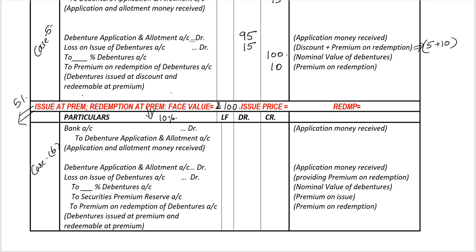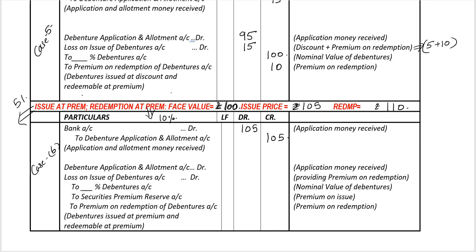On the face value of rupees 100, the issue price will be 105 rupees and the redemption amount will be rupees 110. The first journal entry: bank account debit to debenture application and allotment account with the application and allotment money received. We will receive, including the premium, 105 rupees.